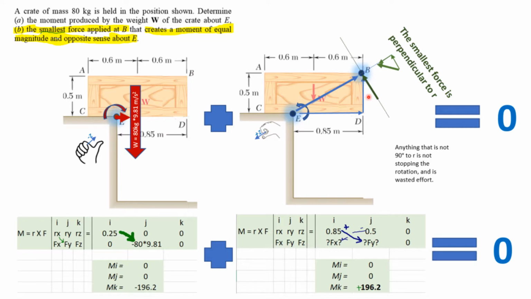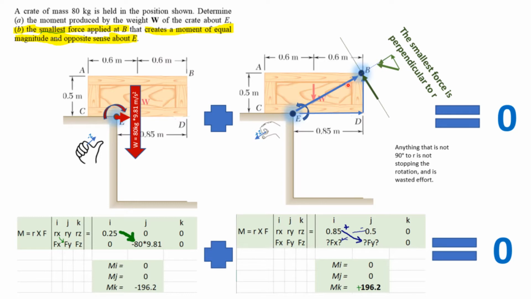If we want the entire force to go into nothing but stopping rotation, we want the entire force to be perpendicular to this position vector. We're not deriving it numerically or analytically. We're just looking at the free body diagram and thinking through what these angles should be.